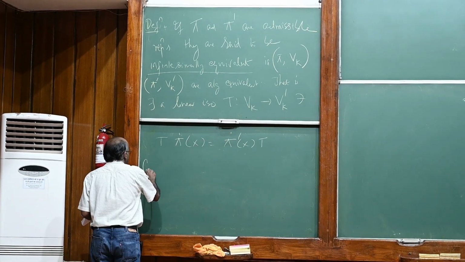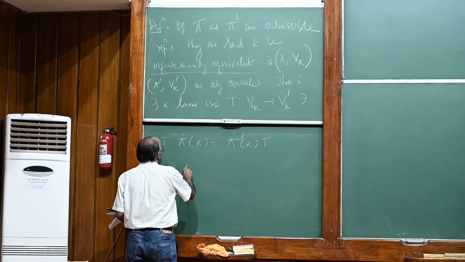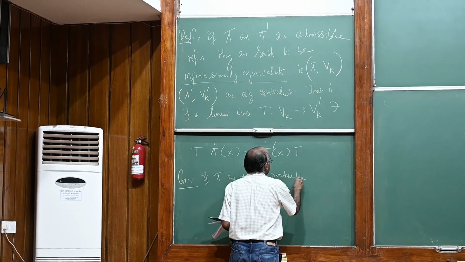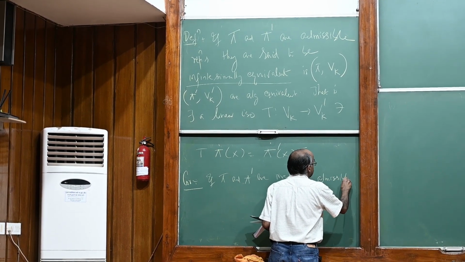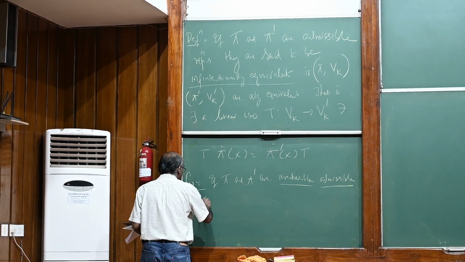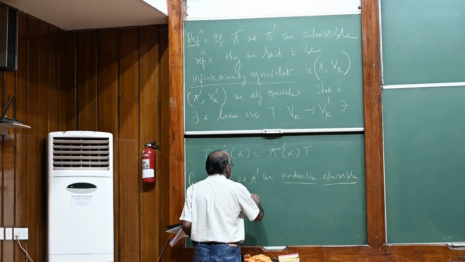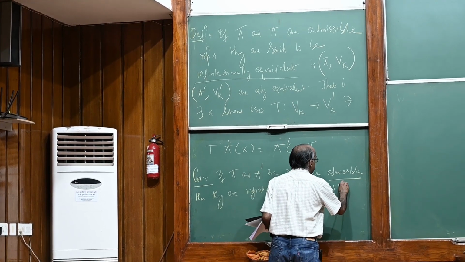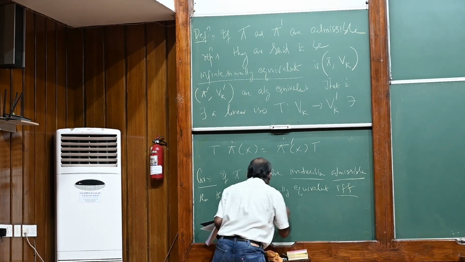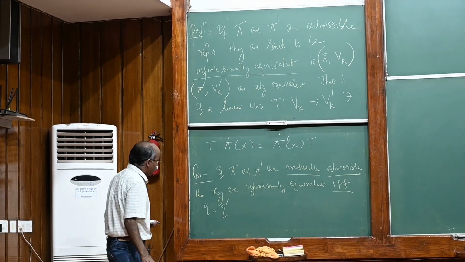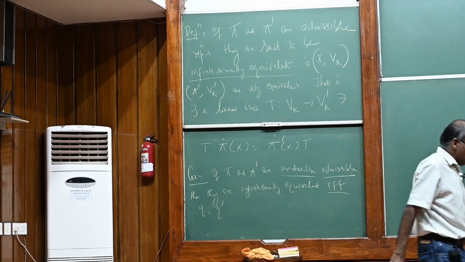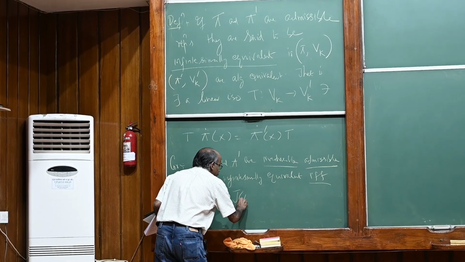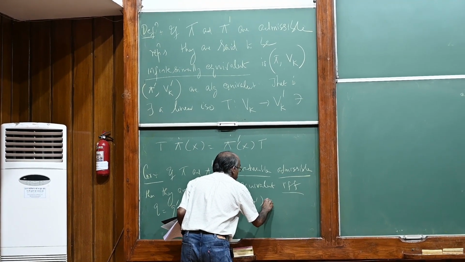Okay, so an easy corollary to whatever we have been doing so far: if phi and phi prime are irreducible and admissible, then they are infinitesimally equivalent if and only if the Casimir values q and q prime are equal (q is the Casimir value in phi and q prime is the corresponding value in the representation phi prime), and J pi intersected with J pi prime is not empty.